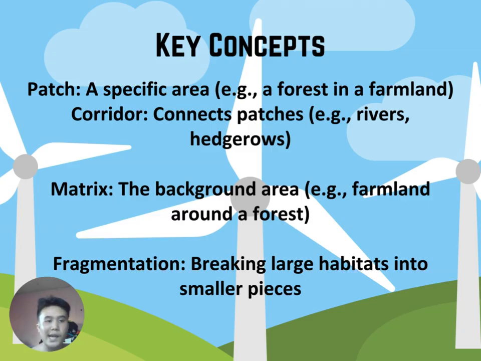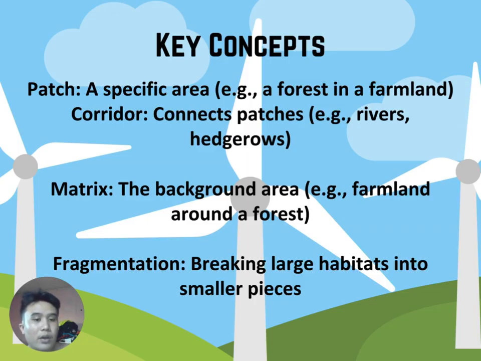Key concepts. Let's talk about some basic terms para masabtan nato ni na science. First, patch. This is a distinct area like a forest, wetland or grassland. It's unique compared to its surroundings, for example, a forest patch inside a sugarcane plantation.